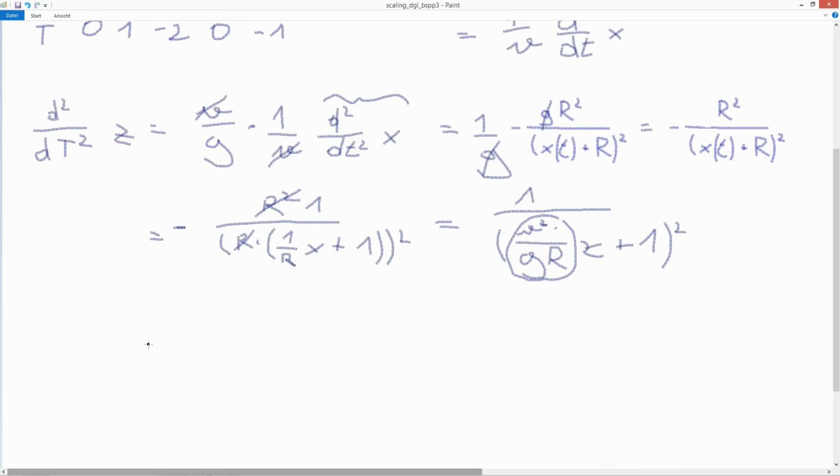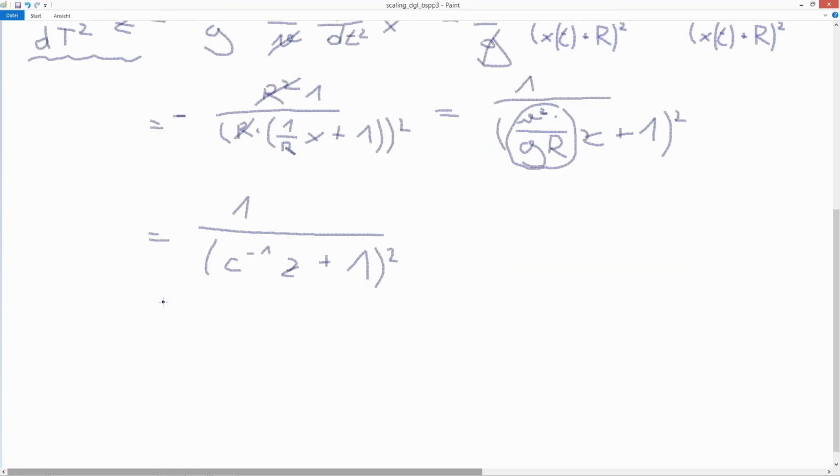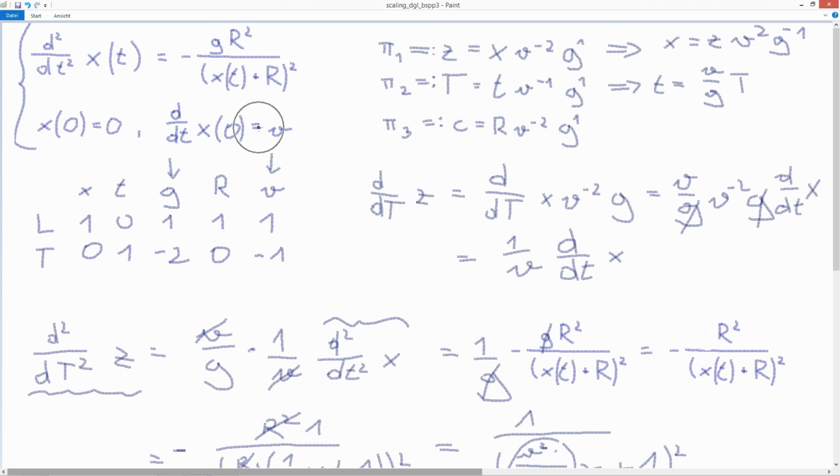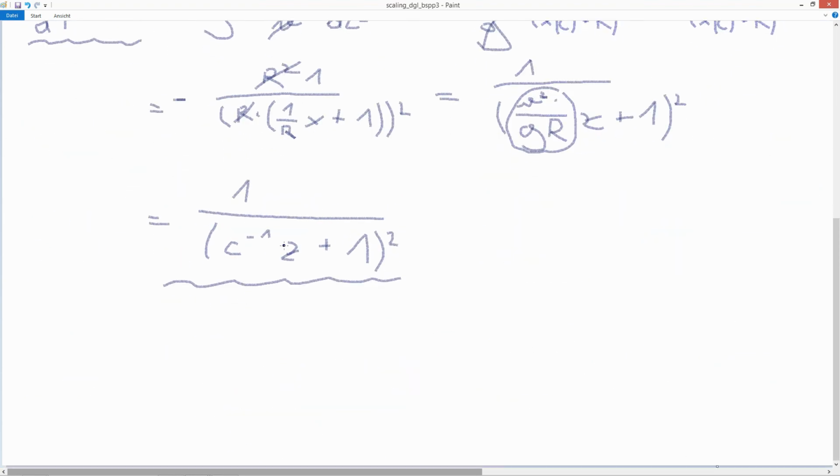Okay, so this here is 1 c minus 1 z plus 1 squared. So we have this new differential equation here, and we also have to think about the boundary conditions.